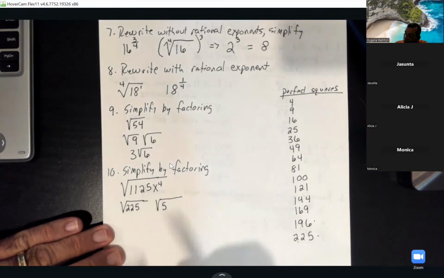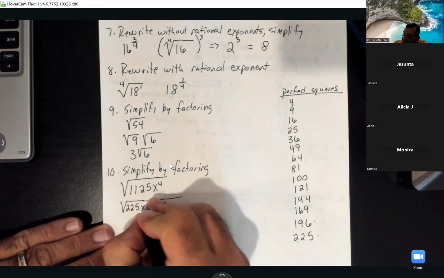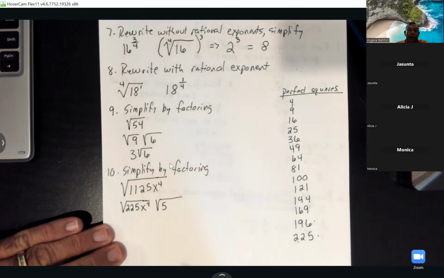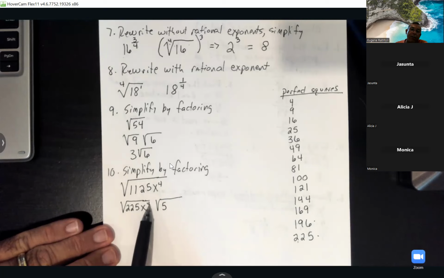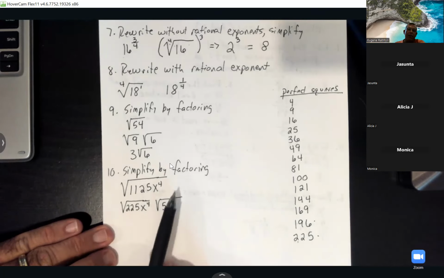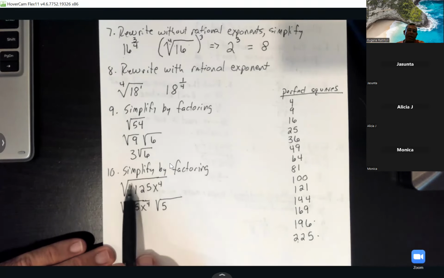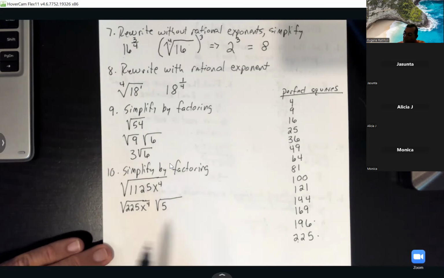Since that's an even number, I'm going to put everything into the perfect squares. Had that been a 3 or a 5, I'd have put 1 over here and the rest over here to make all the even ones, okay? But if these are even exponents, they will come out perfectly.